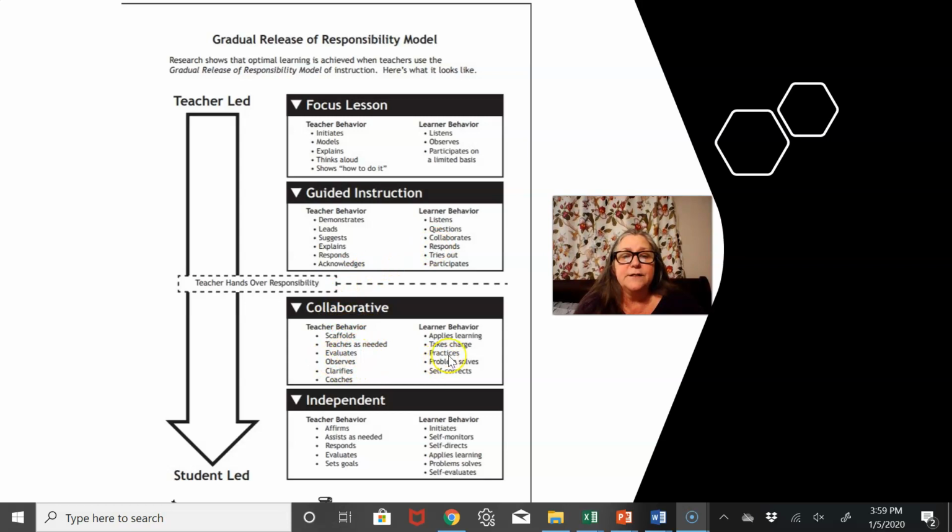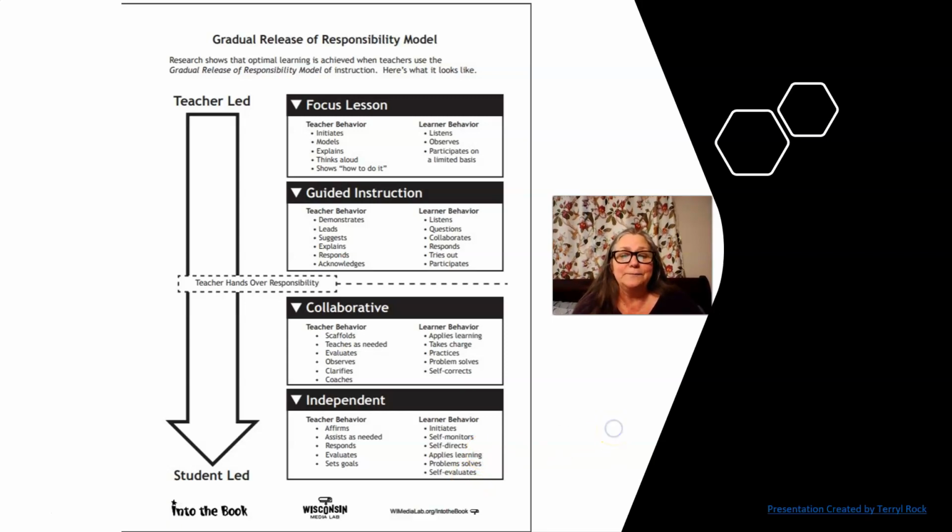Again, what the teacher might do, and the learner is practicing now and self-correcting, we hope, and then independently. So at this point, the teacher is not doing very much except really giving feedback and responding, and it's mainly the learner that's got the majority of responsibility.